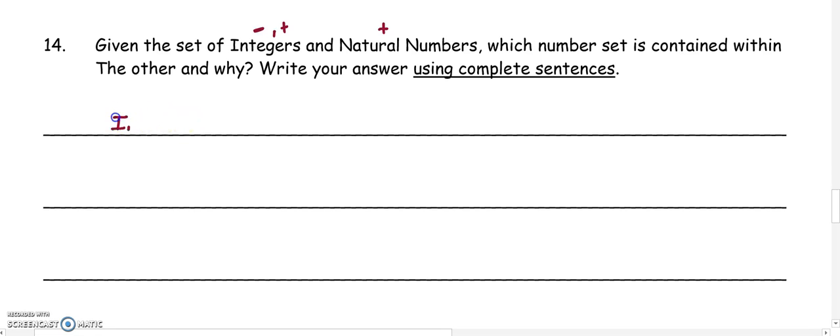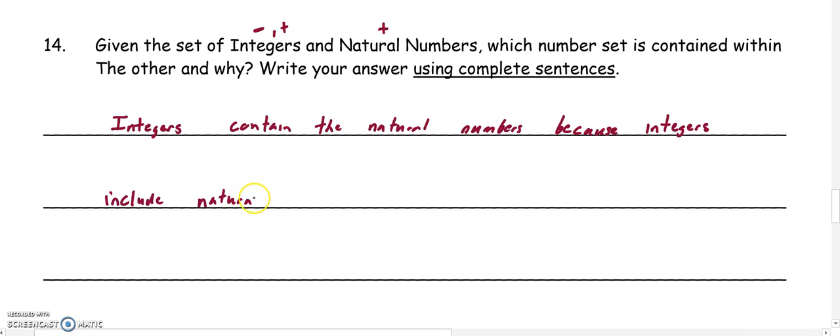So we're going to say integers contain the natural numbers because integers include natural numbers and their negatives, or as we call them, additive inverses. If you want to just call them negatives, that's fine too.